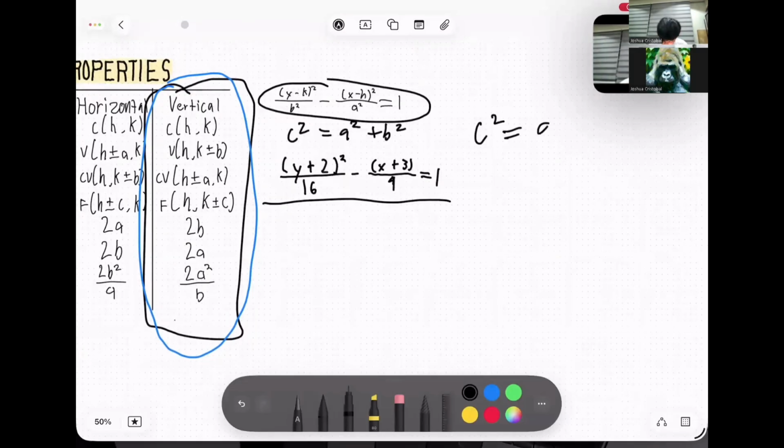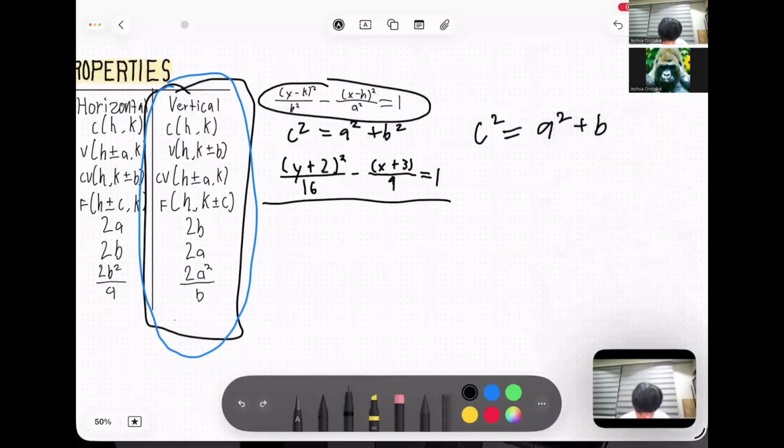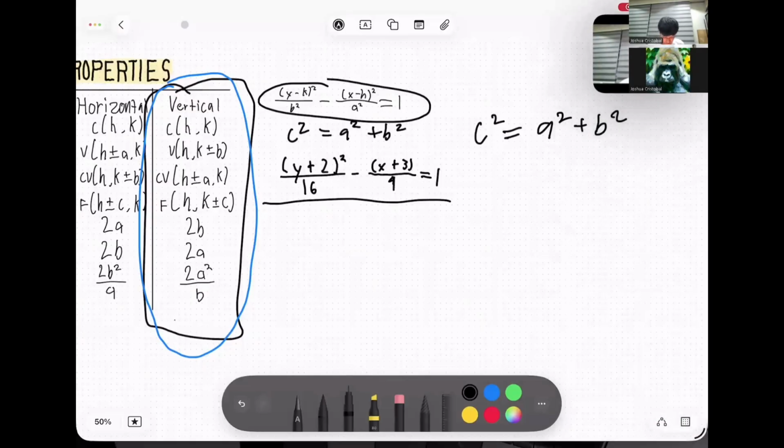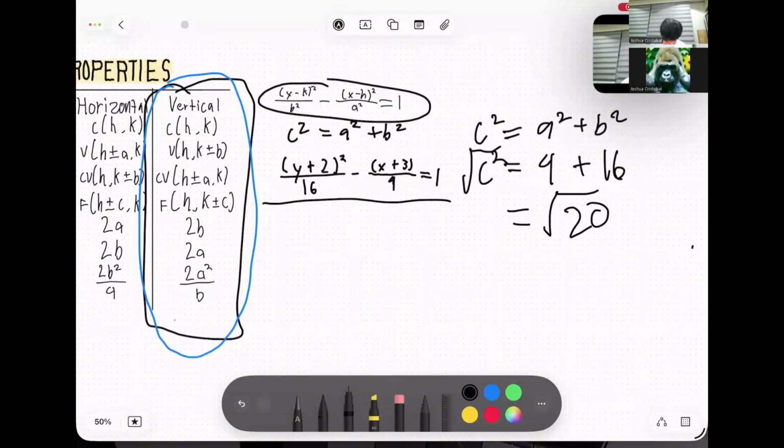So a squared is 4, so 16. So c squared is 20, so let's get the square root of both sides. c equals the square root of 20.